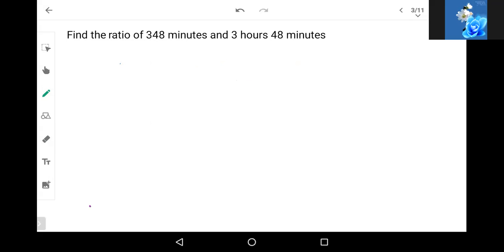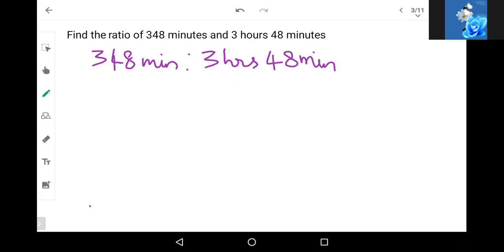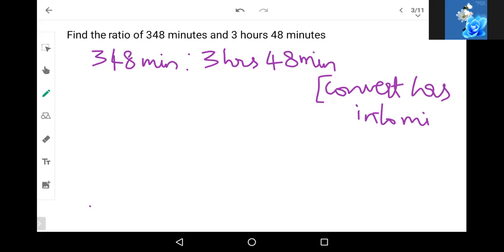So we will just write down like this: 348 minutes is to 3 hours 48 minutes. So here, convert hours into minutes. How do we convert hours into minutes? Very good, Spurti.